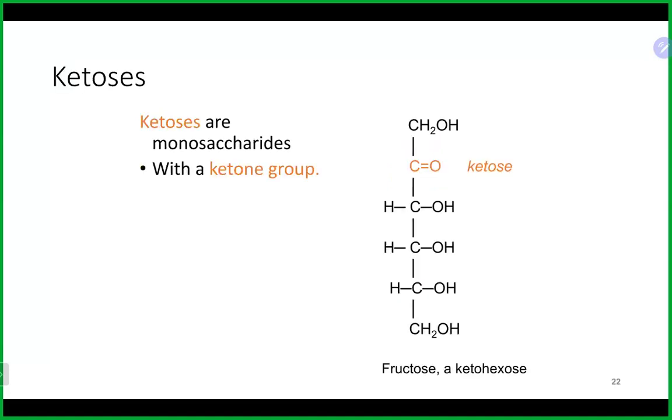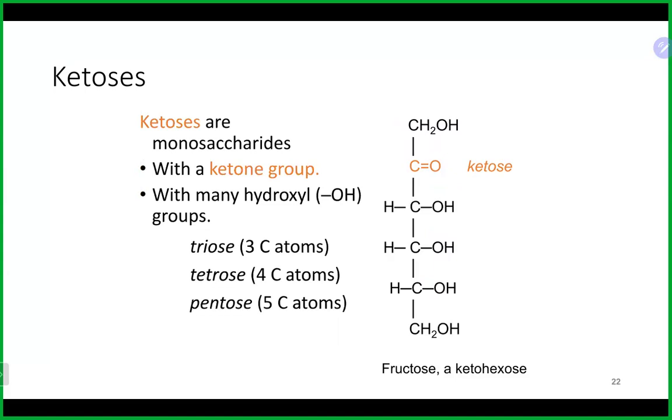So if we look at the other classification of a monosaccharide, these are what are referred to as ketoses. And ketoses, much like the name implies, are the ones that contain a ketone group. So remember that for a ketone group, you need at least 3 carbons in a row with the carbon-oxygen double bond there in the middle. And that is what we see right here.